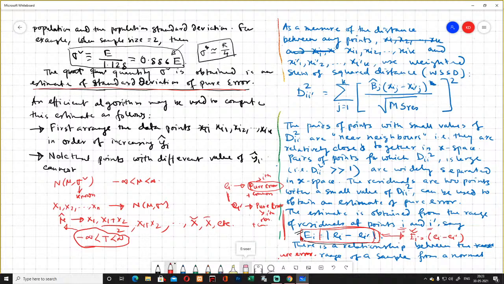So that's why you're telling the pure error should lie between minus infinity to plus infinity. So, sir, why you select the absolute value, because the absolute value lies between 0 to infinity. Am I right? Am I right, Subhrojit?